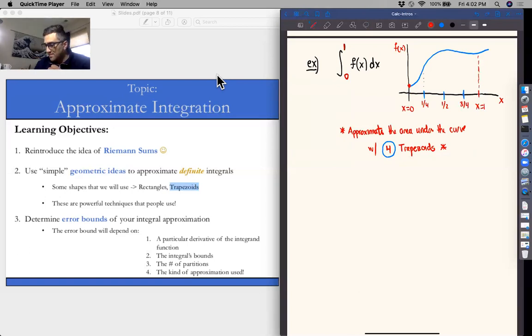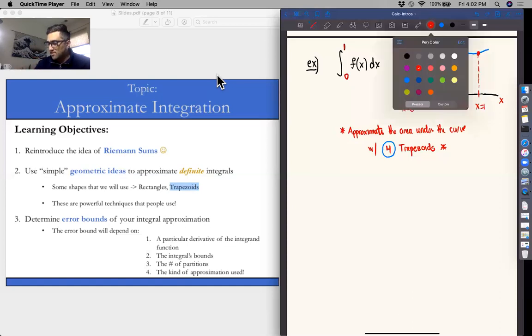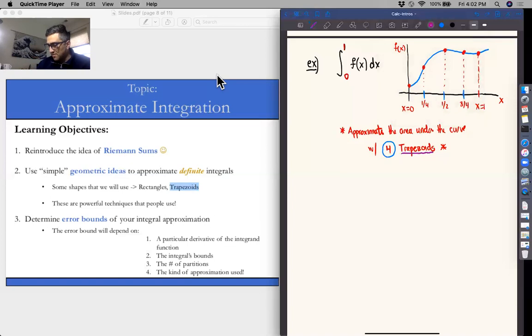So really what we're then asking is, okay, we have these points along the curve that we're then going to use. And if this was in Calc A, we would be trying to put rectangles between these points using left-hand rule or right-hand rule. For us right now, we're going to practice putting trapezoids. If you haven't thought about trapezoids in a while, these are 4-sided polygons where there is one set of parallel lines.